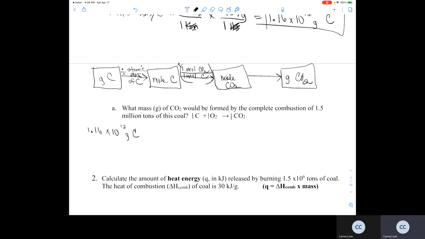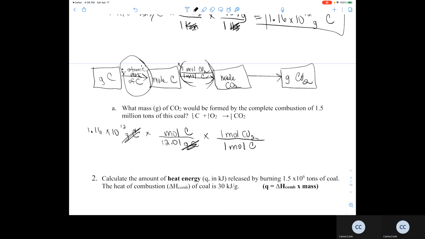So 1.16 times 10 to the 12th grams of carbon divided by the atomic mass of carbon, which is 12.01 grams per mole. Then convert the moles of carbon to moles of CO2 by multiplying by this mole ratio. The moles of carbon cancel.